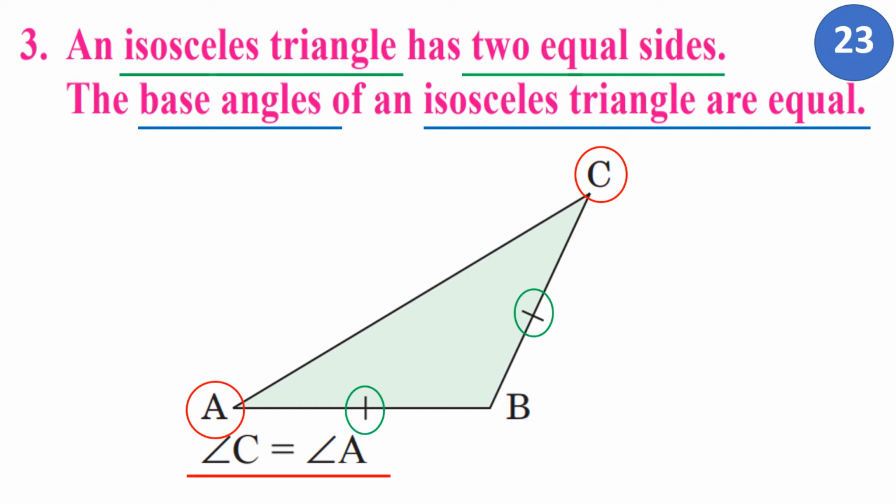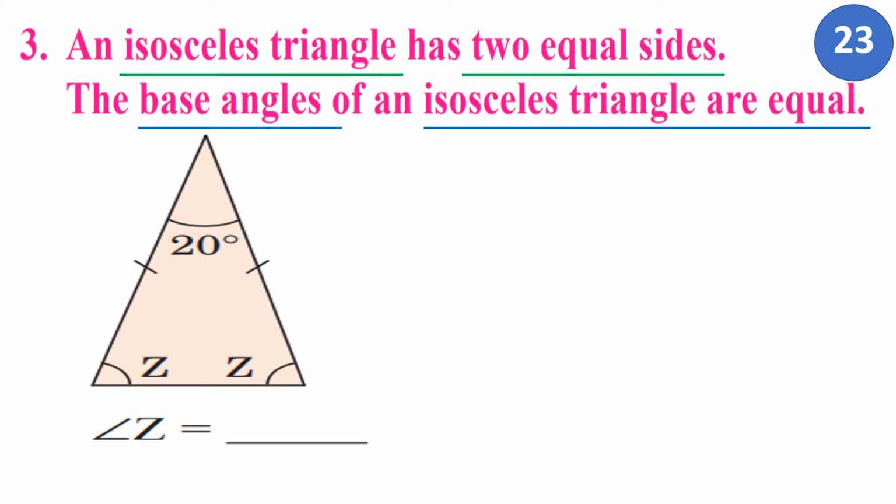Let's try to answer this one. You have 20 degrees inside, and we're looking to find the angle Z. The interior angle of a triangle is 180, so you subtract 20. 180 minus 20 is 160.